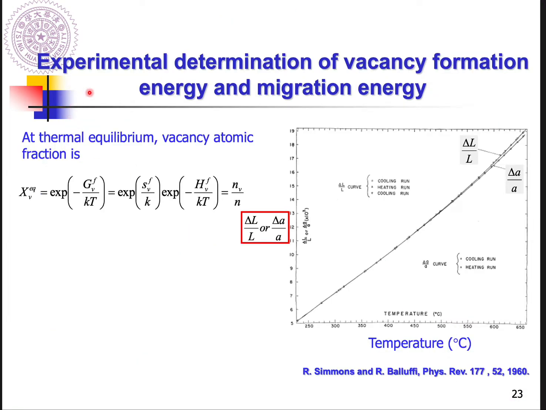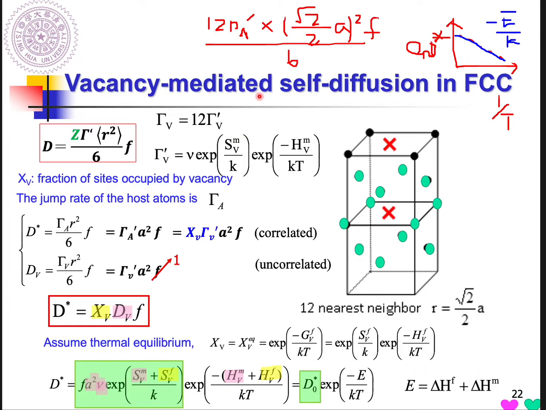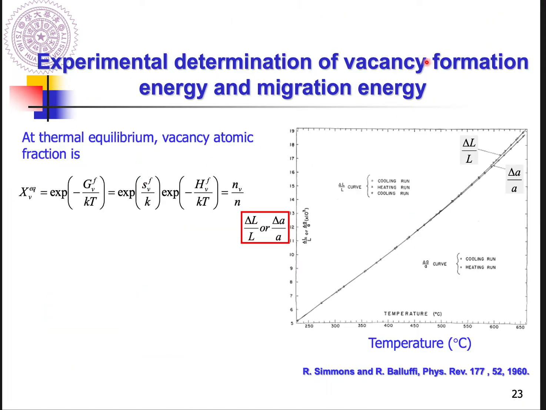Okay, so the next slide is to help you determine the vacancy formation energy and migration energy for the vacancy-mediated self-diffusion in FCC. So how to get the vacancy formation energy and migration energy? At thermal equilibrium, as you know, the atomic fraction of vacancy can be expressed as the number of vacancies divided by the number of atoms, right?